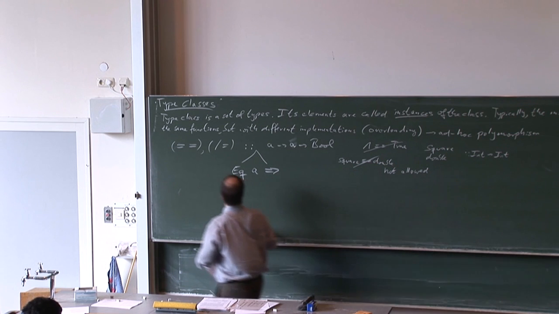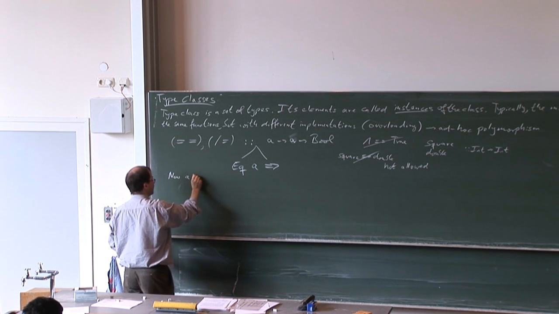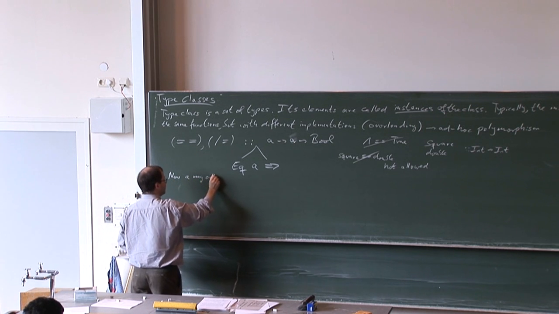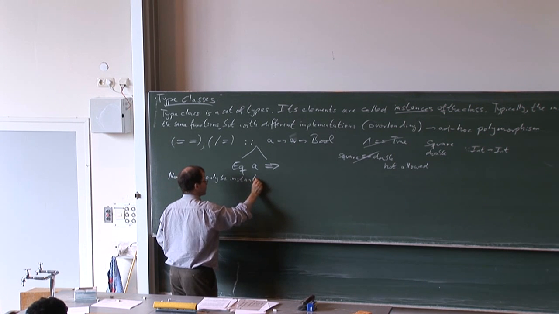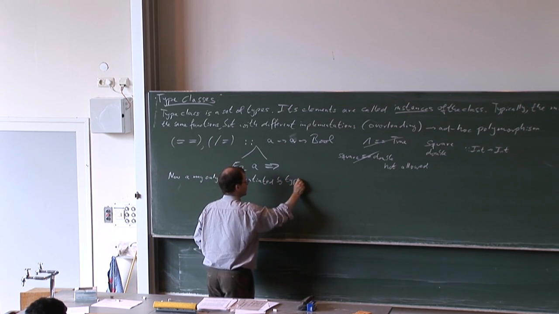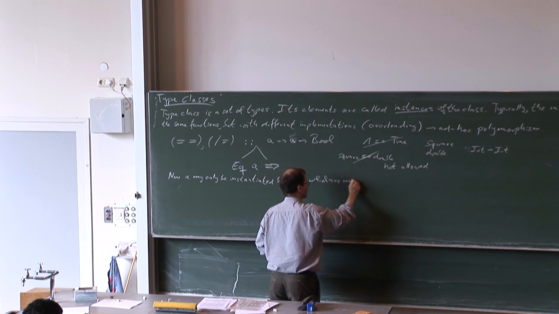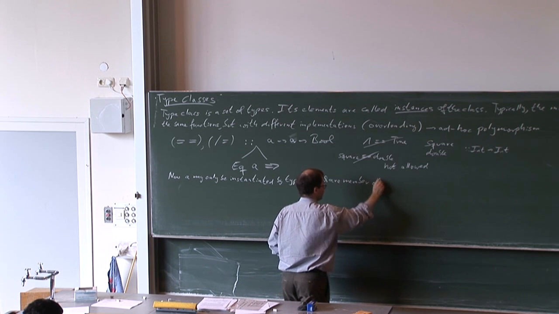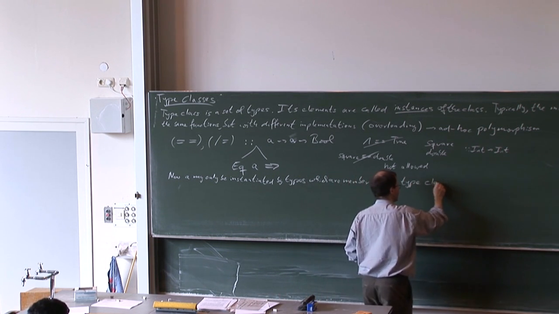So in other words, now the type variable A may only be instantiated by types which are member of the type class EQ.